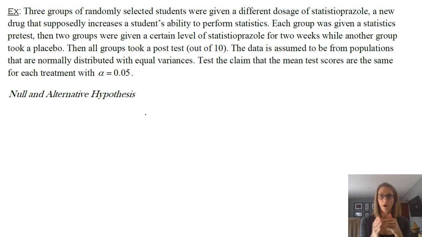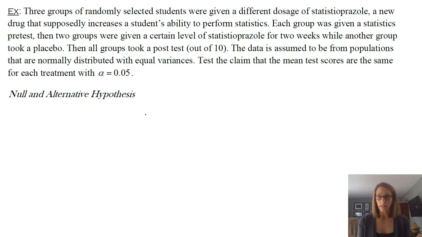One group got 10 milligrams and one group got 20 milligrams. Again, this is not a true thing, there is no statistioprazole, I'm sorry. And one group got a placebo. So we have 3 groups, and afterwards, all groups took a post-test.